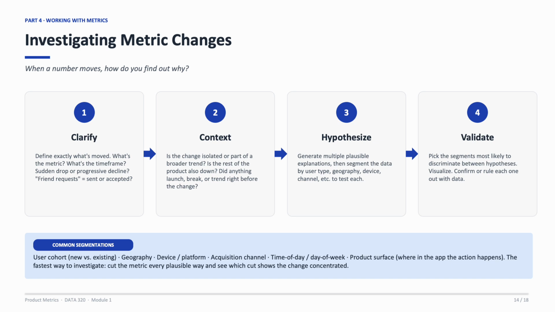Segmentation tells you which hypothesis is right. The common segmentations at the bottom are your toolkit. For almost any metric change, cutting by user cohort, geography, device, channel, time, or product surface reveals where the change is concentrated. The concentration usually is the answer.